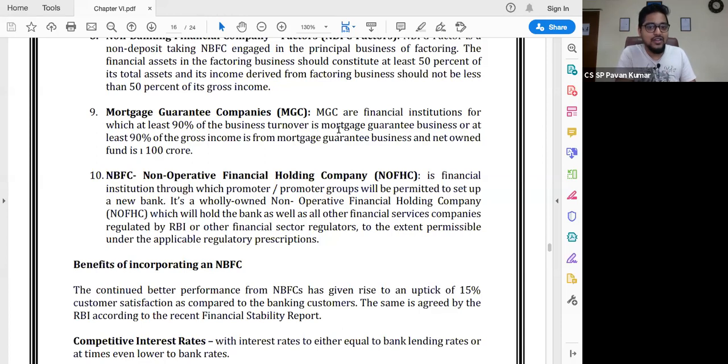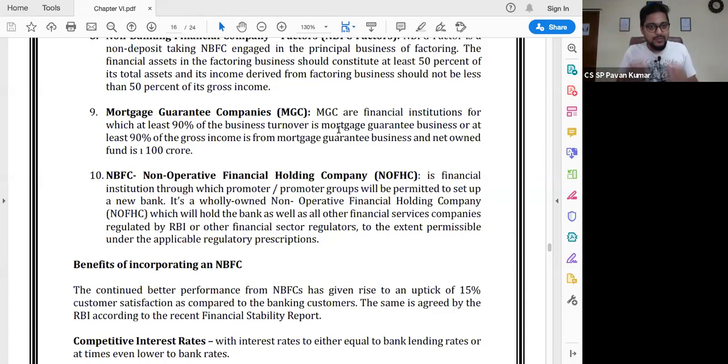The last one is non-operative financial holding companies, which basically don't do any other activity. These act as holding companies to some banks. If I want to start a bank, I will form these NBFC companies, and using the NBFC as a shareholder, a holding company to the main banking company, I get it registered.